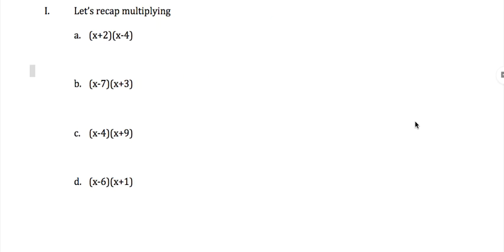So, if we're putting that into a pattern, I really suggest in this situation, guys, ignoring the signs initially. So I would suggest for a pattern, we look for numbers that multiply to the last number and subtract to the middle number when it's subtraction at the end.